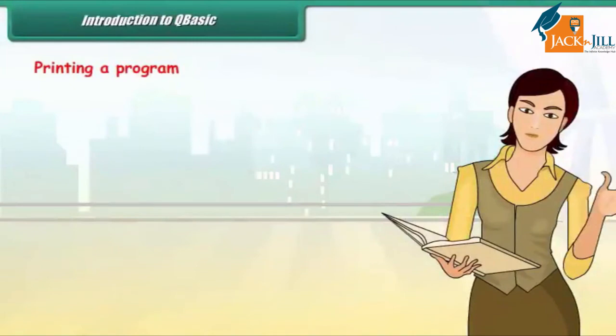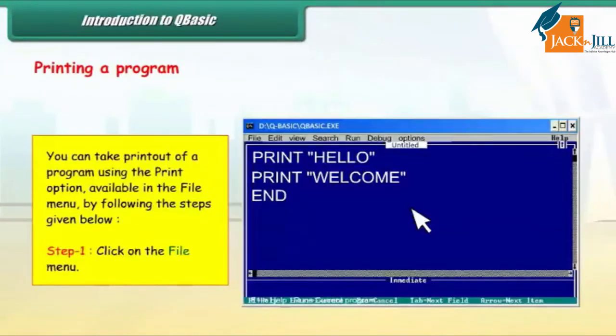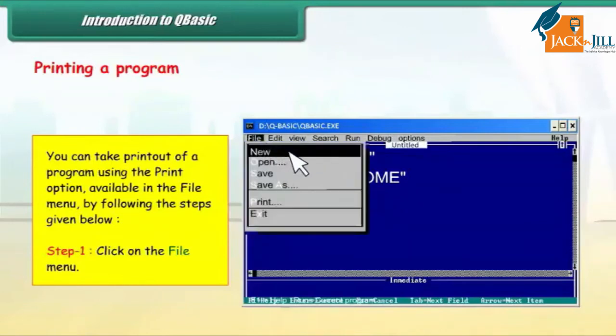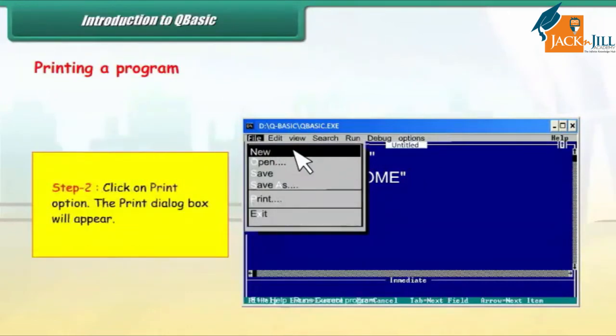Printing a program. You can take a printout of a program using the Print option available in the File menu by following the steps given below. Step 1. Click on the File menu. Step 2.